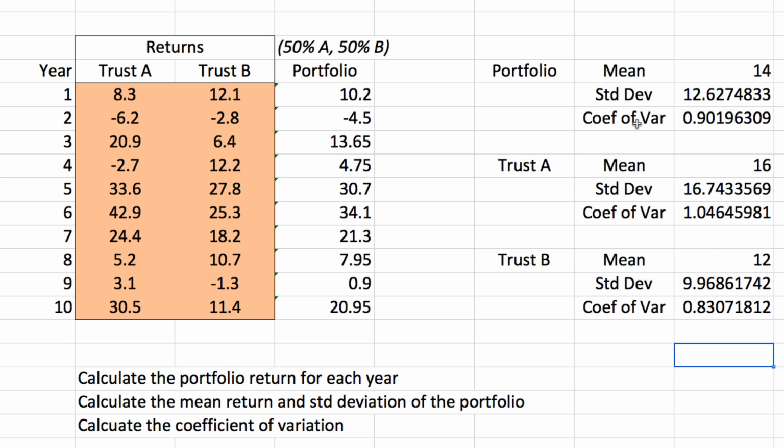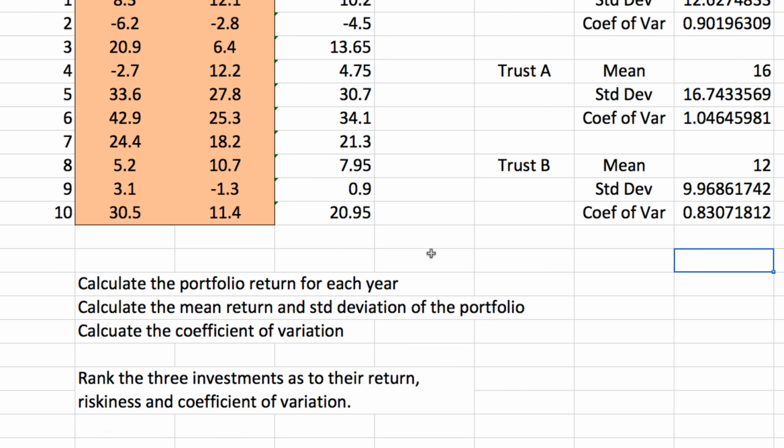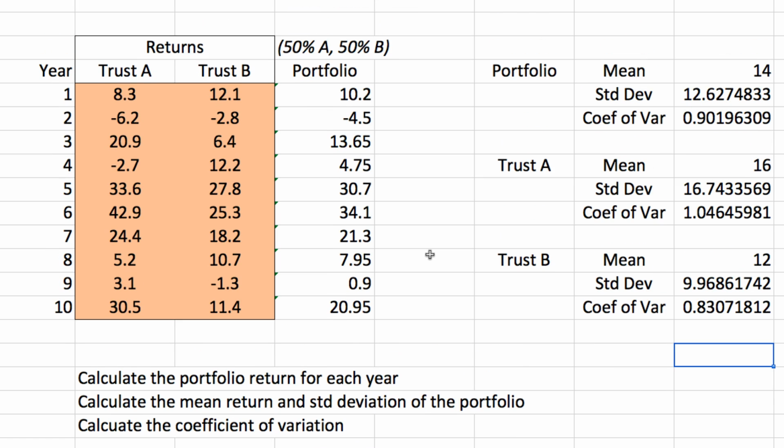Okay, so the question now is, rank these three investments as to their return, riskiness, and coefficient of variation. Once we have all this stuff, it's super simple. Trust A has the highest return, then comes the portfolio, then comes Trust B, and no surprise, the portfolio fits neatly in between Trust A and Trust B. The standard deviation of the portfolio again fits in between them, Trust A being the more risky and Trust B being more safe.